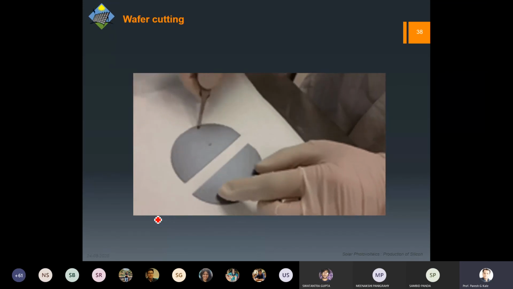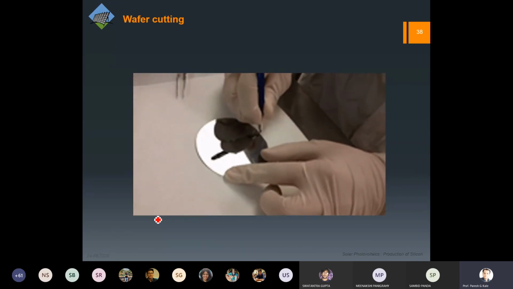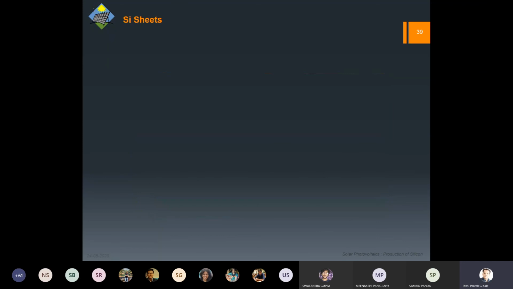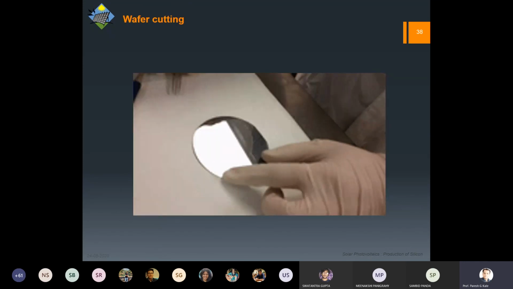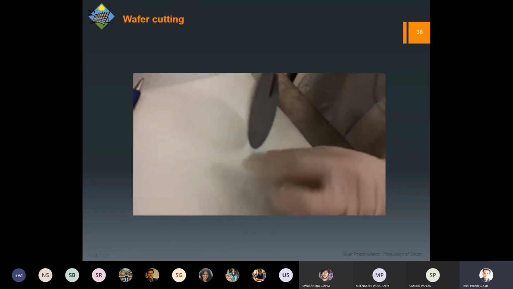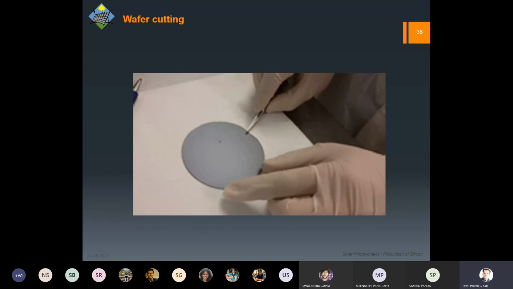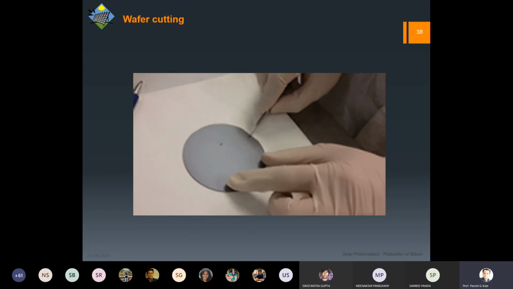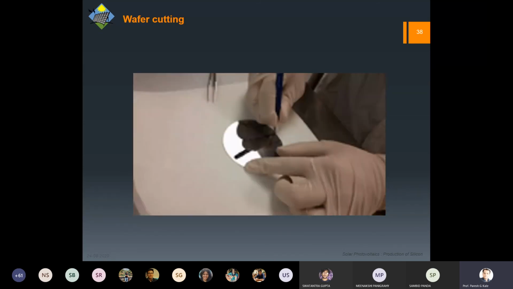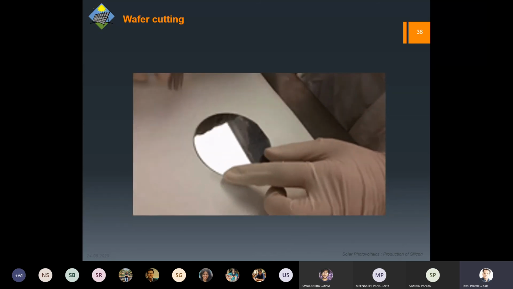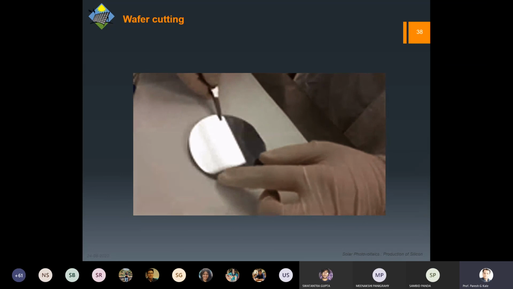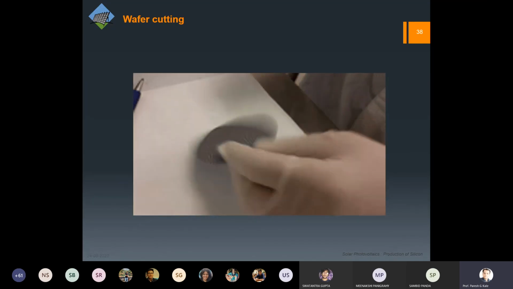I hope you got the point that we are using the property of the orientation of the wafer. We are finding out what the weaker direction is, and if we hammer or put some pressure along that, the wafer is going to cut itself into several halves.